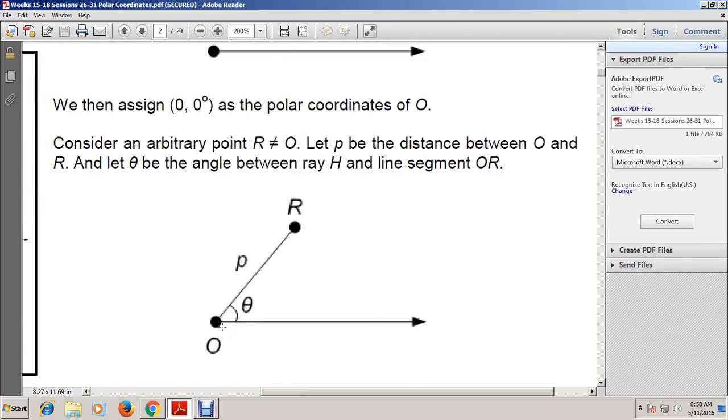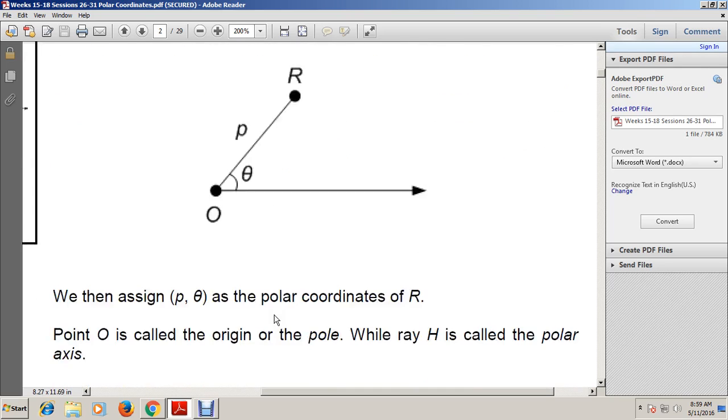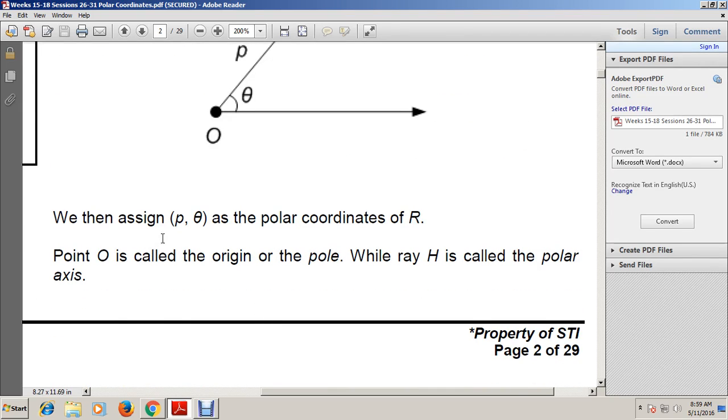Okay, so this is your line segment, this is your ray H, this is your point R. The distance from the origin to point R is P, and the angle that this line segment OR makes with the ray H is angle theta. Then we assign the coordinates P, theta as the polar coordinates of R.